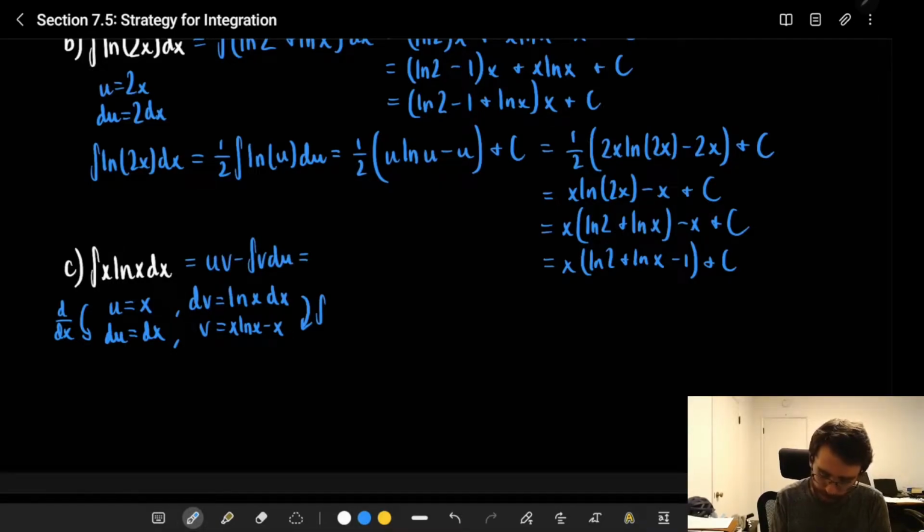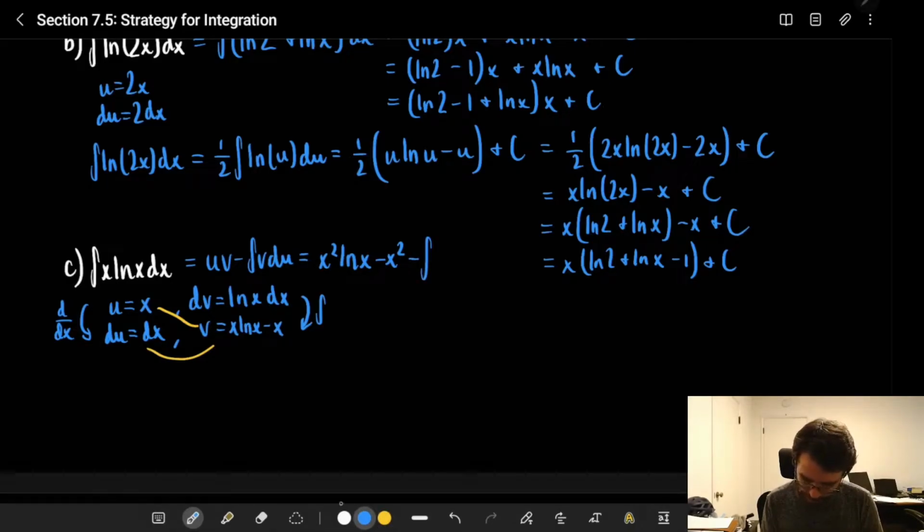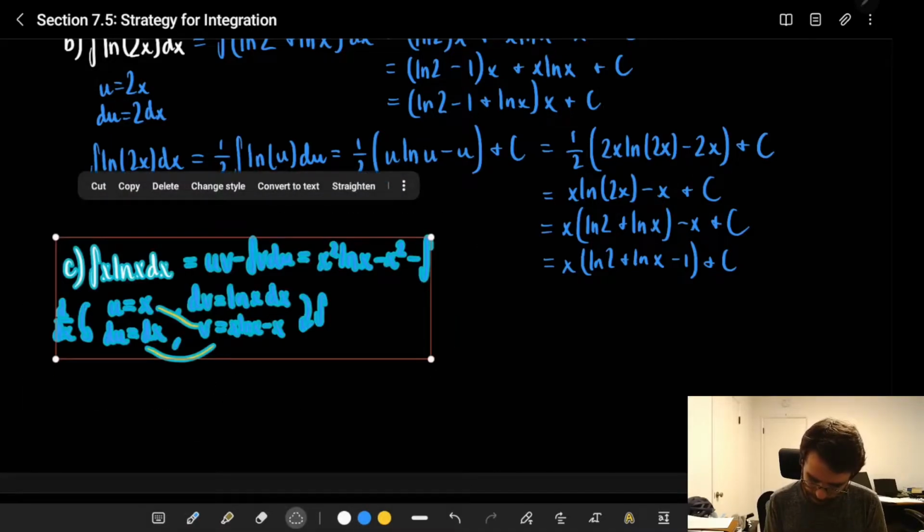So let's plug in. uv is this times this. So I mean that gets kind of ugly, but whatever. At least it's not under an integral. And then the next piece is v du. So minus integral of that. Let's slide this down a bit.